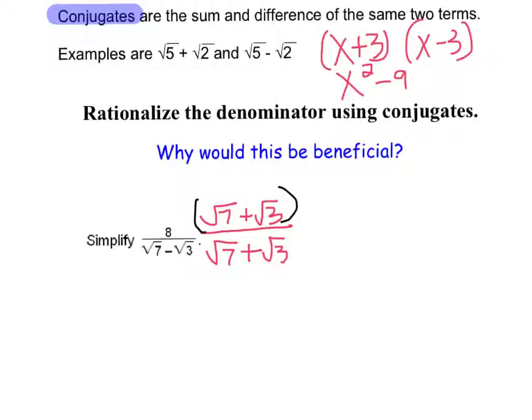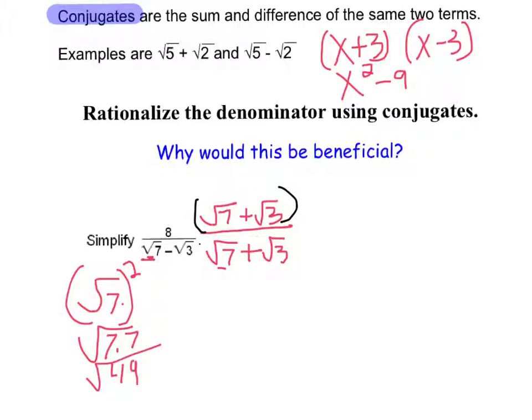Now, let's do our conjugates, or let's do our difference of squares. Well, this is going to be square root 7 basically squared, because it's square root 7 multiplied to square root 7. And what you get is that's the same as 7 times 7, which is the same as 49. And what's the square root of 49? 7. So now it's not in the square root anymore.